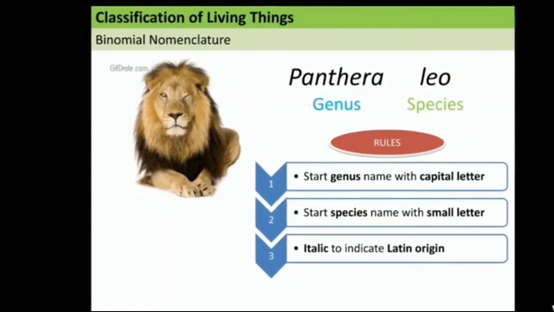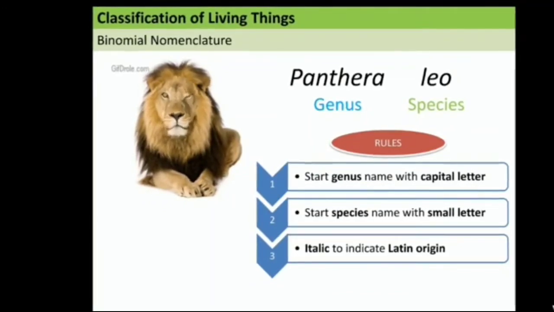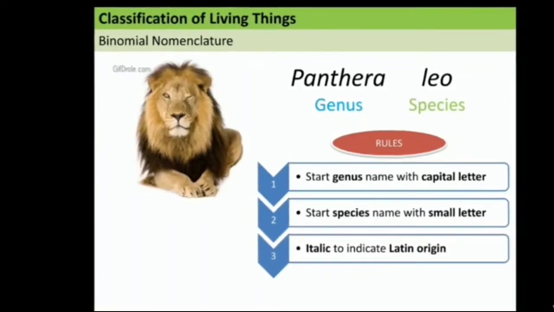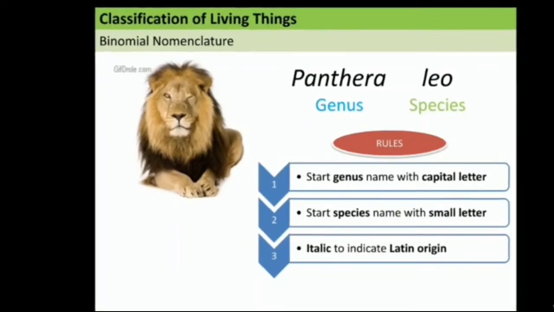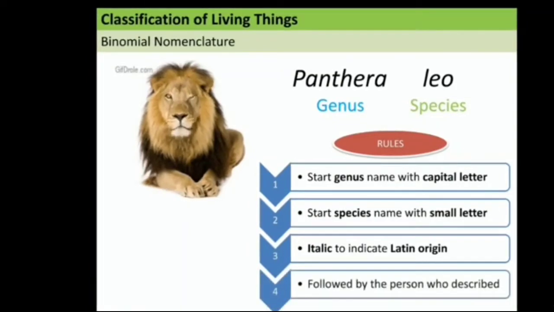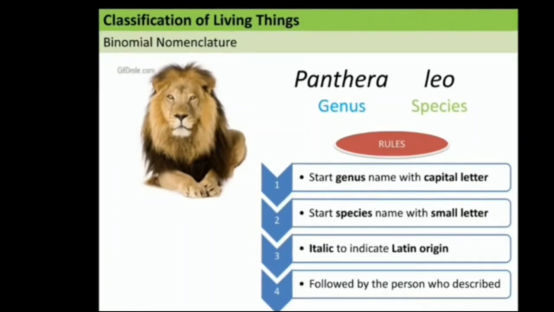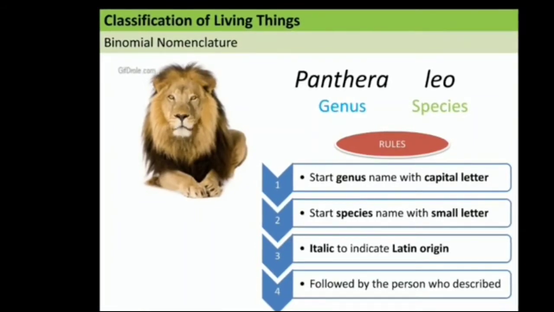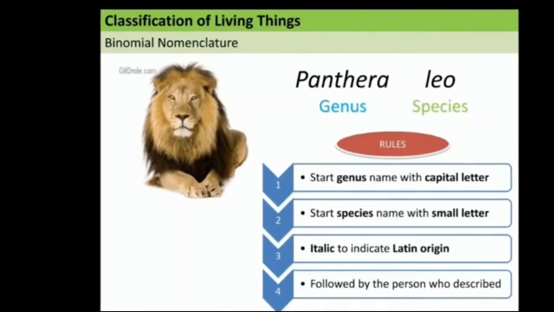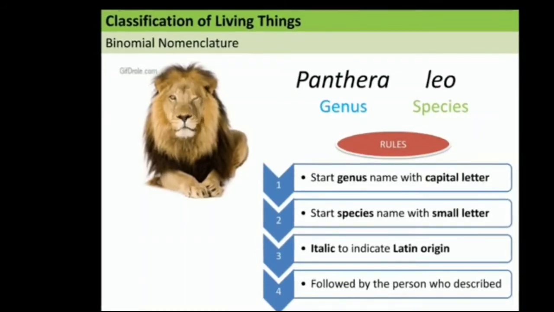It means that if you want to write the Latin name, we should write it in italic. But if we write it by hand, we can give an underline. And the fourth is followed by the person who described it. If the animal or the plant was found by someone, we can put the name behind the name, as the third word.